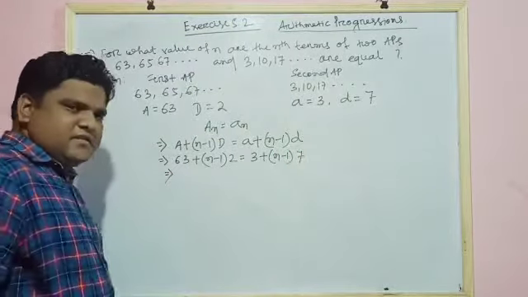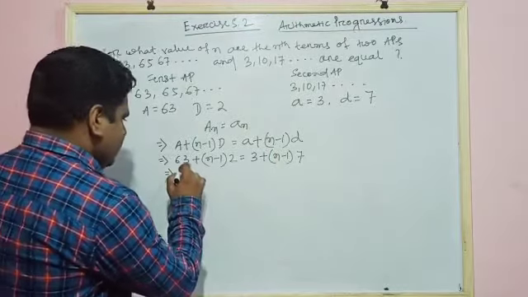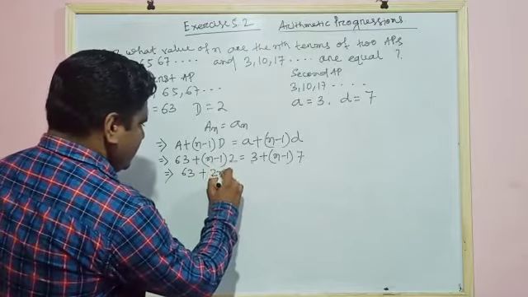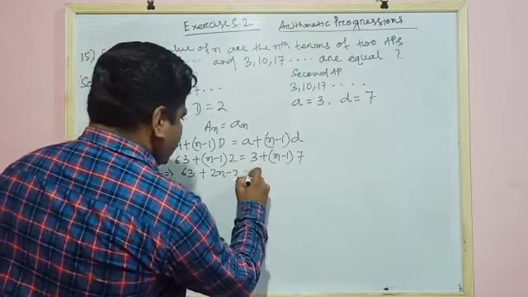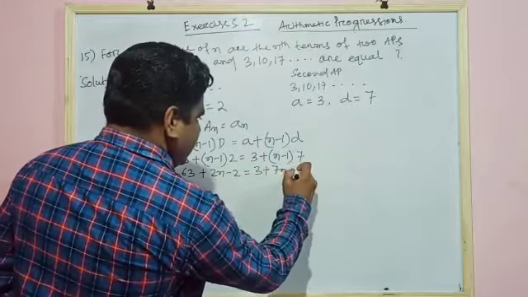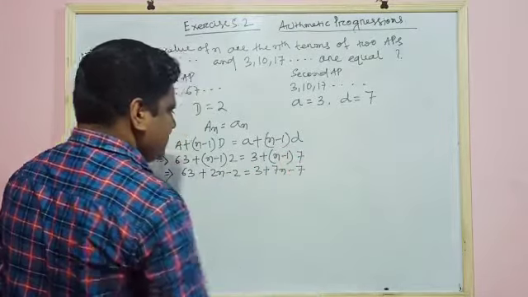Let's solve this equation. 63 plus 2 into n is 2n minus 2 equal to 3 plus 7 into n is 7n, into 1 is 7.